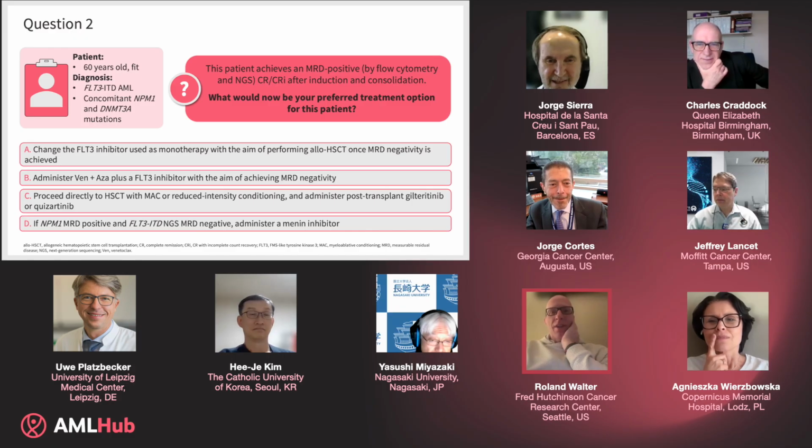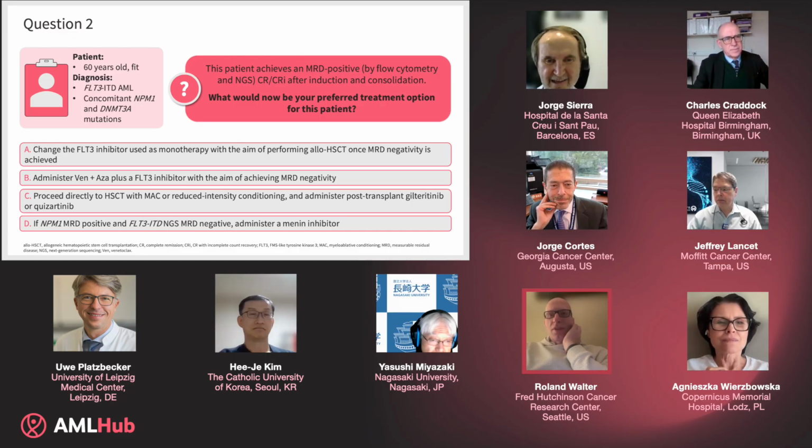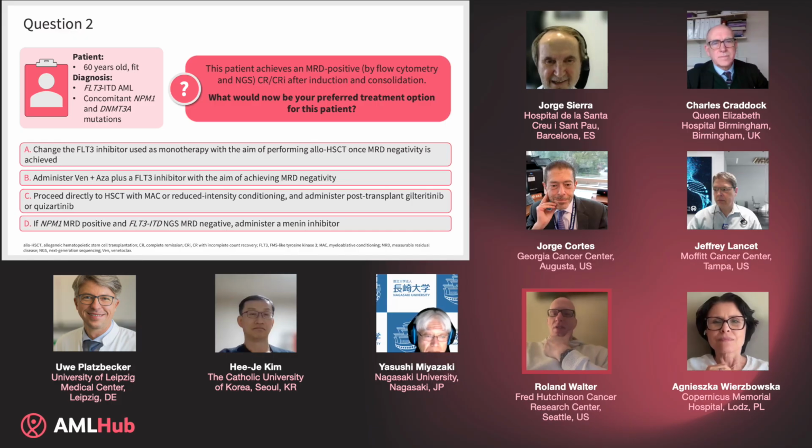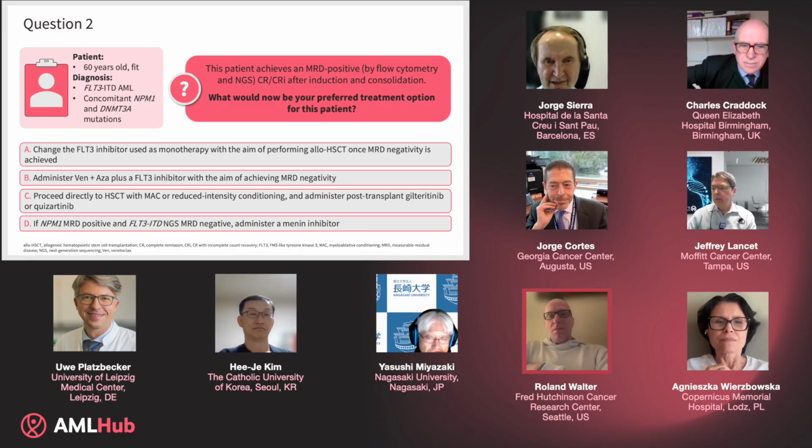I think it highlights one of the biggest uncertainties. It's fairly clear that the outcome isn't great, and it's appealing to try to turn them MRD negative. You think that's good, but I think the really convincing data that turns into something beneficial is, in my mind, still a little lacking. Some of the studies that have tried to look at this concluded not much benefit.